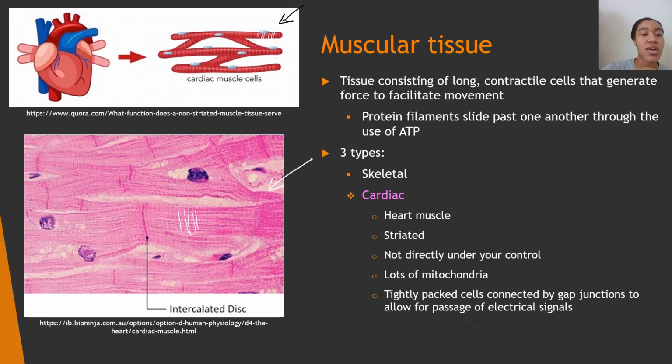So let's say that this would be one cell, and then this would be another cell, and maybe this would be another cell, and this would be another cell, right? So these are all elongated branching cells, but they have a single nucleus. And each of these cells has lots and lots of mitochondria.